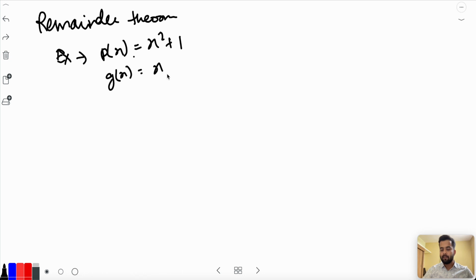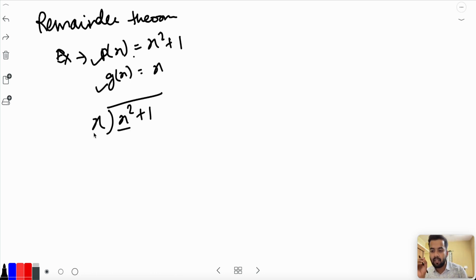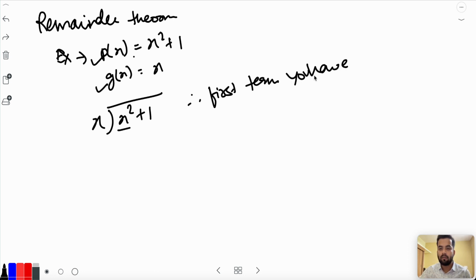Okay, now start dividing. See, take the g(x) part outside, p(x) part inside. So x square plus 1. Now see, whatever is the first term, here the first term is what? x square. Whatever is the first term, I am just repeating it again, make a note of it. The first term, you have to make it 0 every time.